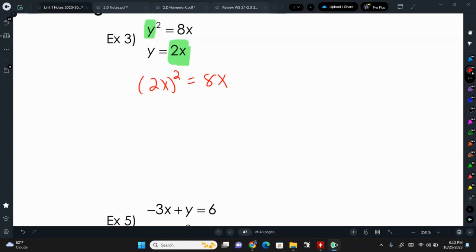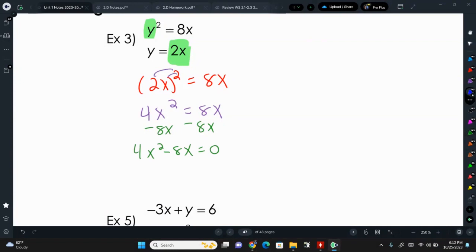And the squared, the second power, needs to distribute to both things. So that's going to be 2 squared, which is 4. 4x squared equals 8x. All right, then we're going to subtract 8x from both sides because we want this to equal 0. So 4x squared minus 8x equals 0.